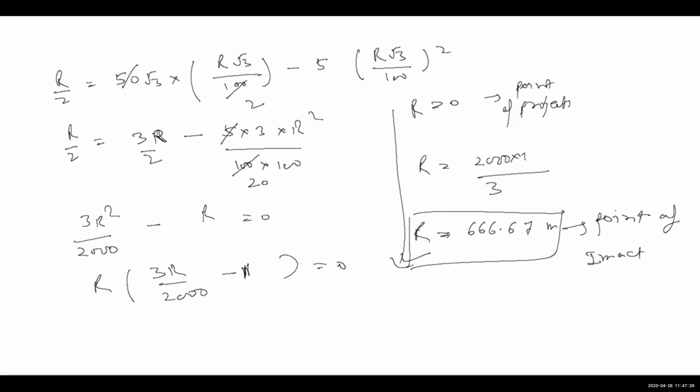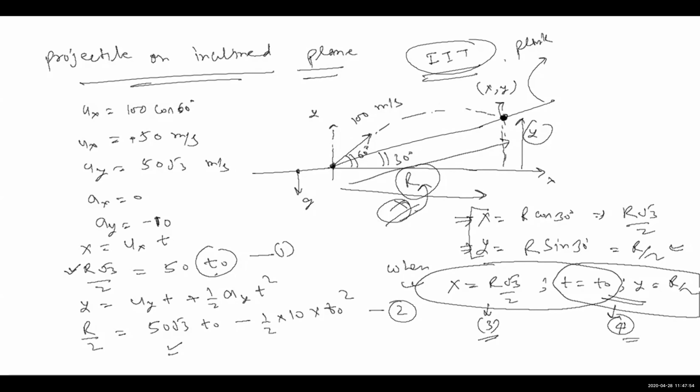Now, same question, different method. Values were 100, 30, 60.